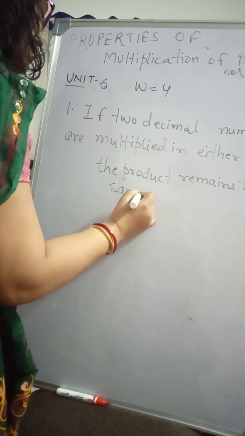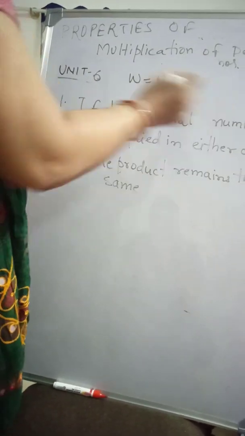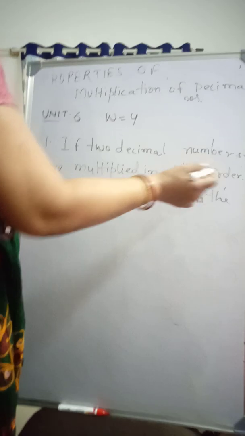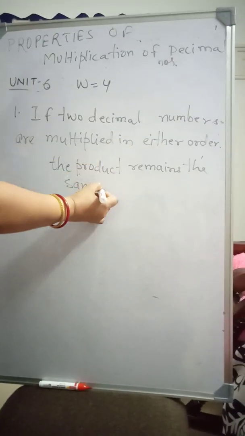Right? If two decimal numbers are multiplied in either order, the product remains the same.